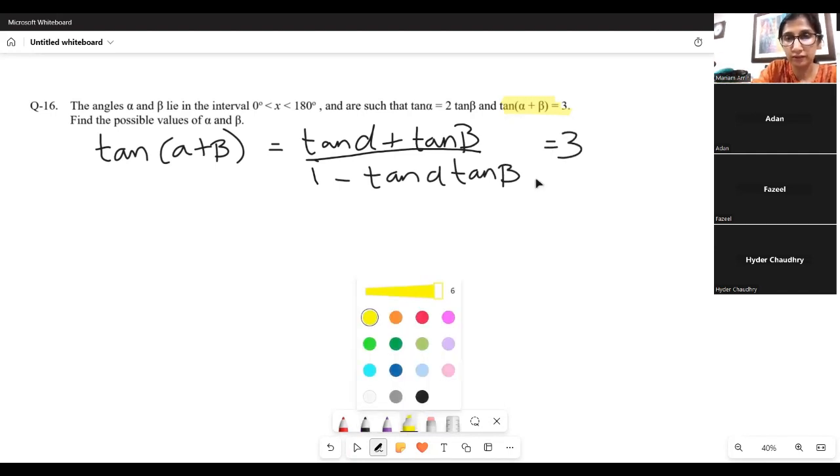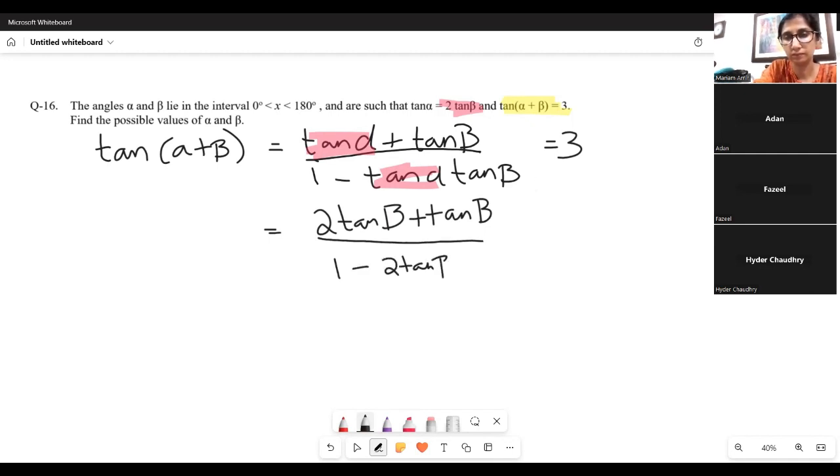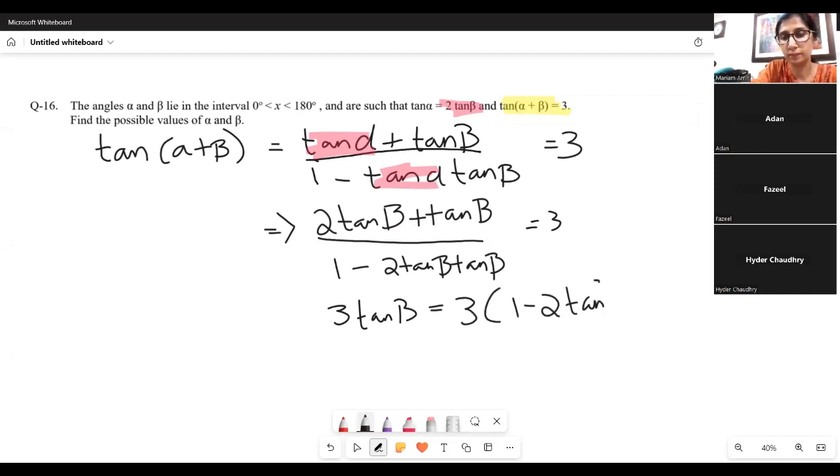Now what we'll do is replace tan alpha with 2 tan beta. So we have 2 tan beta plus tan beta upon 1 minus 2 tan square beta equals 3. So we have 3 tan beta equals 3 times 1 minus 2 tan square beta.